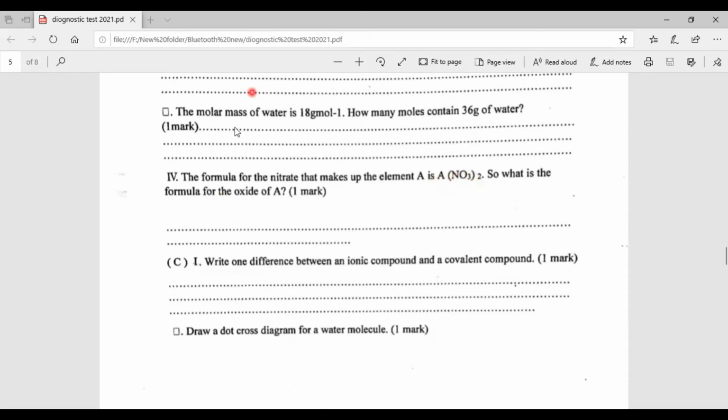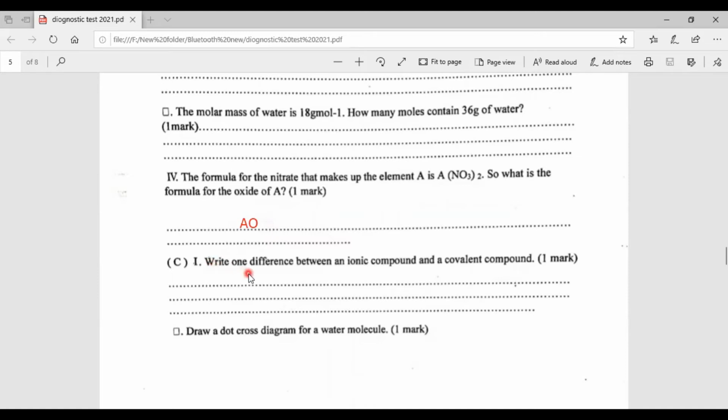Then when writing the oxide of A, we should write it as AO, because there is no need to share the valencies: A's valency is 2 and oxygen's valency is also 2. So this is how A's oxide AO should be written.